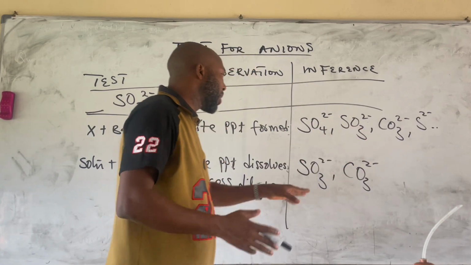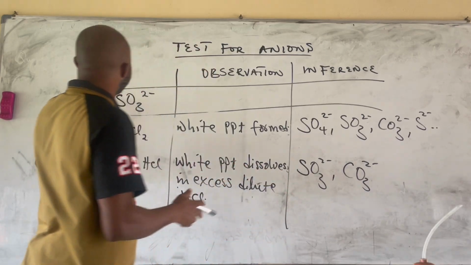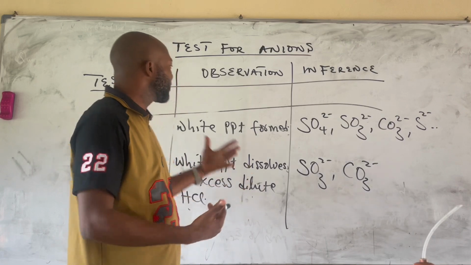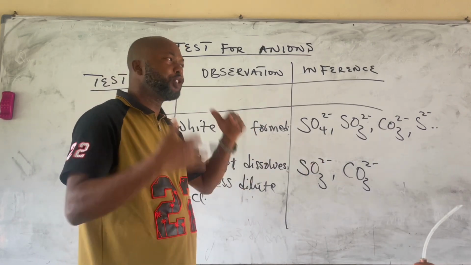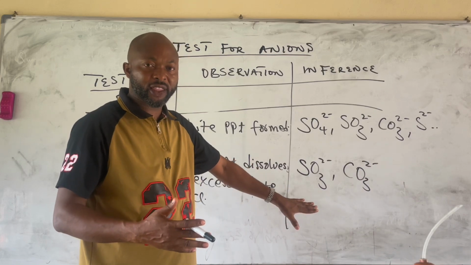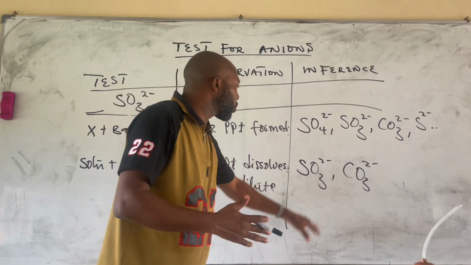But now you know that this is the guy we're looking for because I've written it here. So you have an idea already. So by the time you begin to see the observations and the inferences, your mind should go straight to know what exactly you should be expecting. So now, this is what we are having.